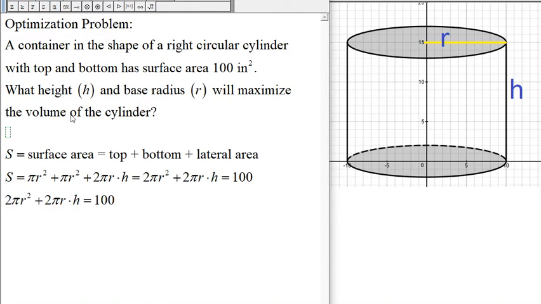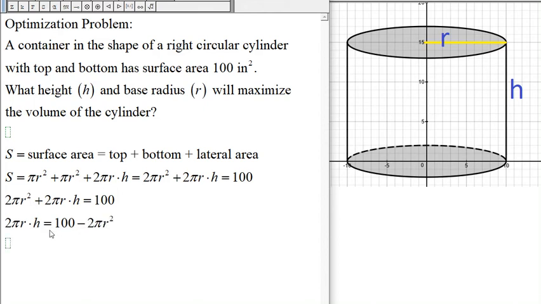Since we want maximum volume, we can go ahead and solve for h so that h is a function of r. We subtract 2 pi r squared from both sides, and this is equal to 100 minus 2 pi r squared.